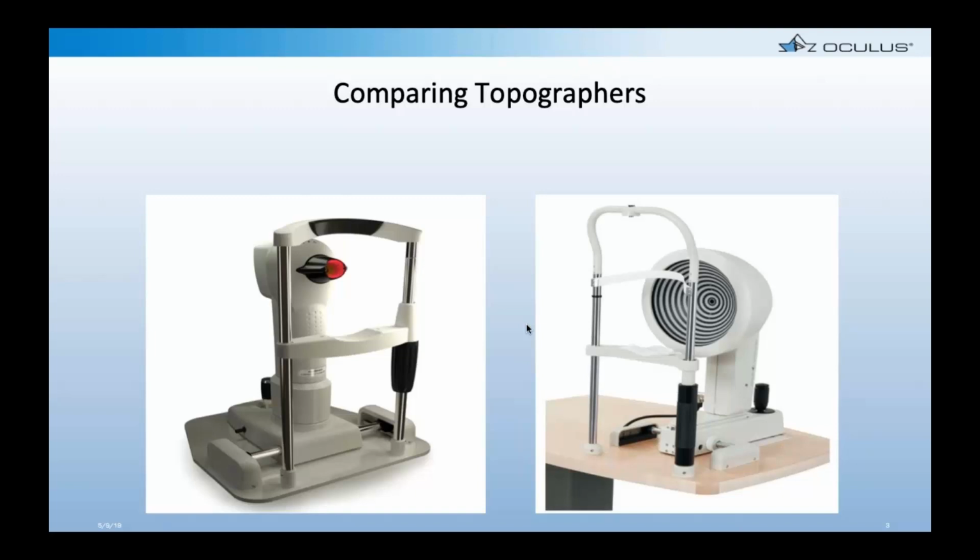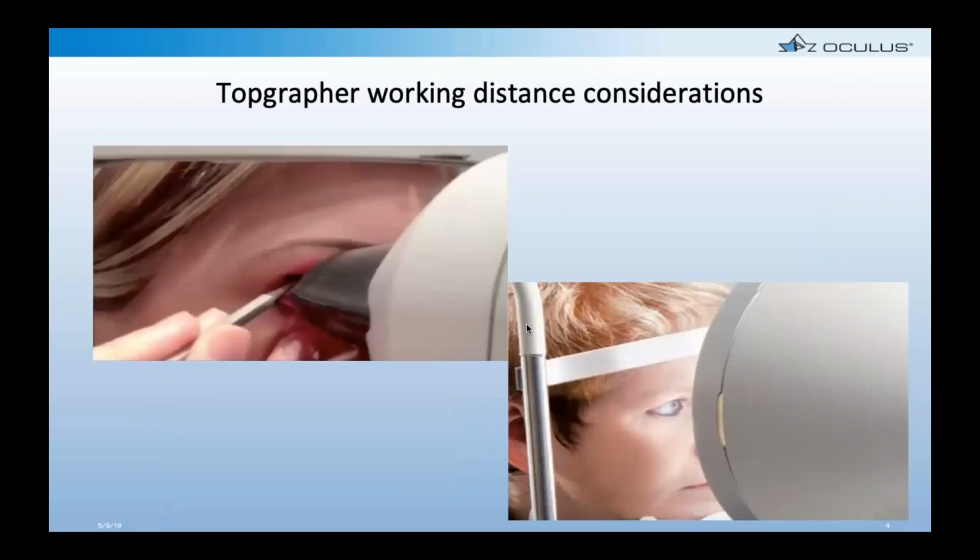For many years, I used a corneal topographer that had a small cone, and it worked, and it does capture a lot of data, but it can be intimidating for some patients and difficult to get images at times. As you see from the images here, when we use a small cone topographer, we often have to get in very tight to a patient's eye, sometimes even pressing against the lids or brow, sometimes having to use a cotton tip applicator to pull the lids apart to get in close enough and tight enough.